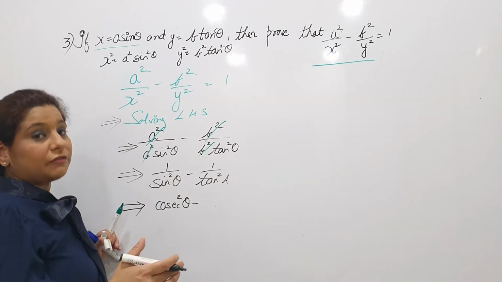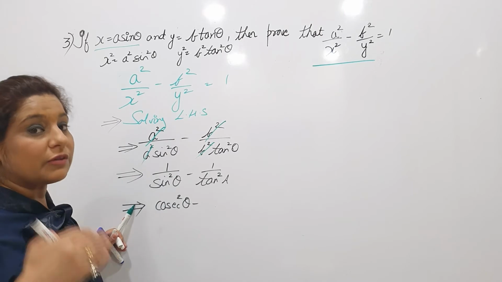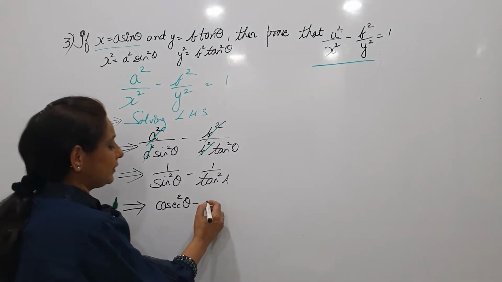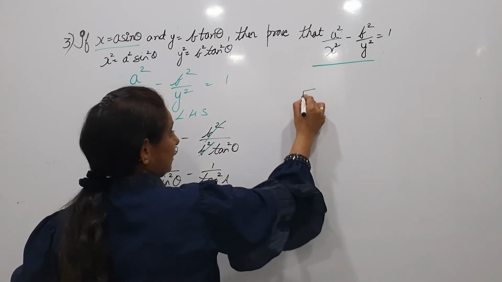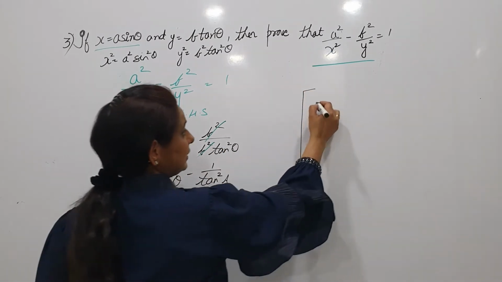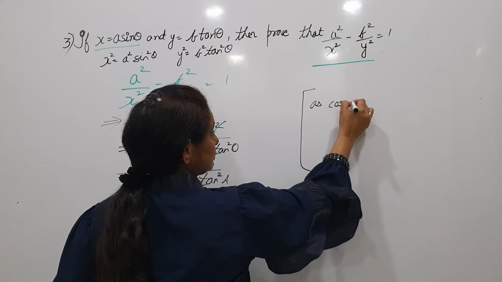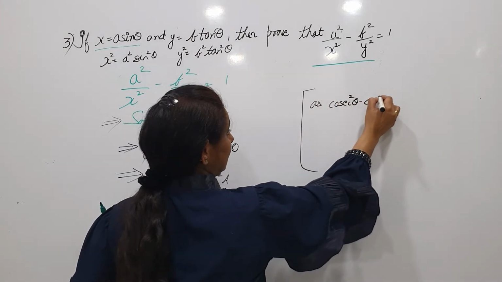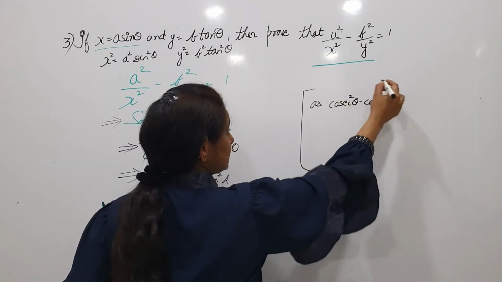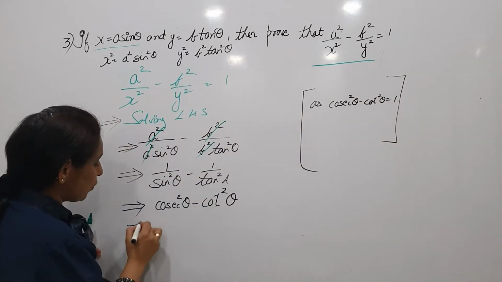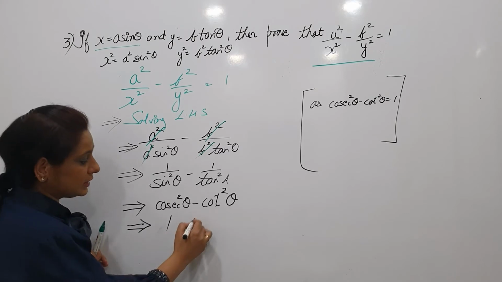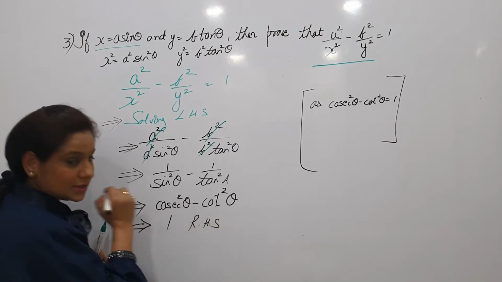The reciprocal of tan is cot theta. So 1 upon tan square theta will be cot square theta. Here we have to write the identity as cosec square theta minus cot square theta is 1. ये identities हम सब पहले कर चुके हैं. So we have reached the answer, that is RHS.